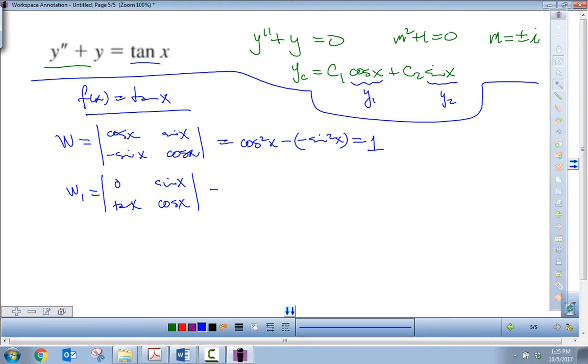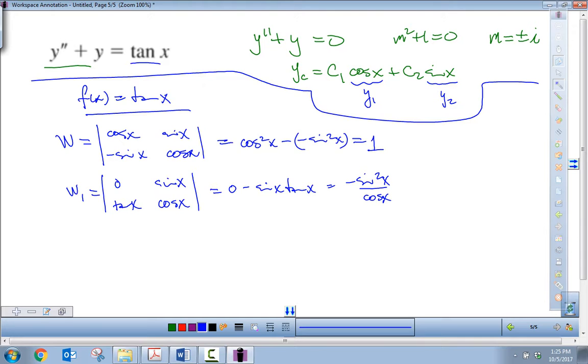And then you do the determinant of that, so that's 0 minus, we've got sine x and tangent x. So tangent is sine over cosine, so I don't think that'll simplify to anything too nice. Let me put both of these forms here and decide later on how we want to deal with it. So I might use a negative sine x tan x, or if I use tan equals sine over cosine, it might be negative sine squared x over cosine x. So that's my W1.